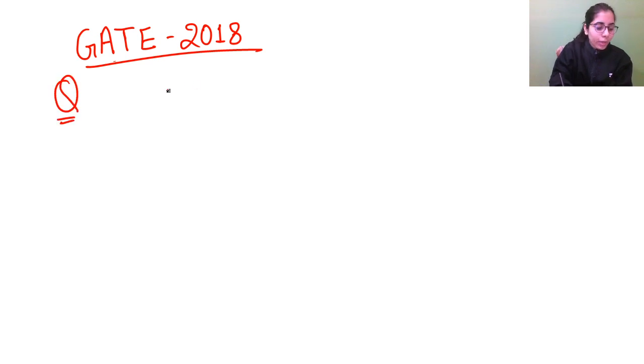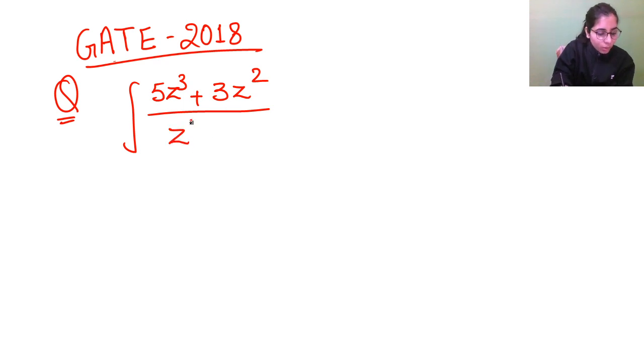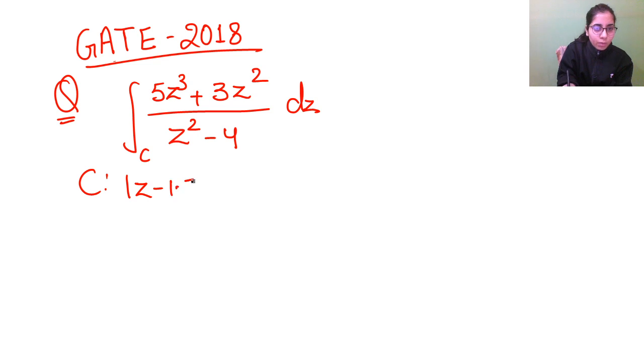The absolute value of the integral of (5z cube plus 3z square) upon (z square minus 4) dz over the circle mod z minus 1.5 is equal to 1 in the complex plane is, you just need to write the decimal places here.